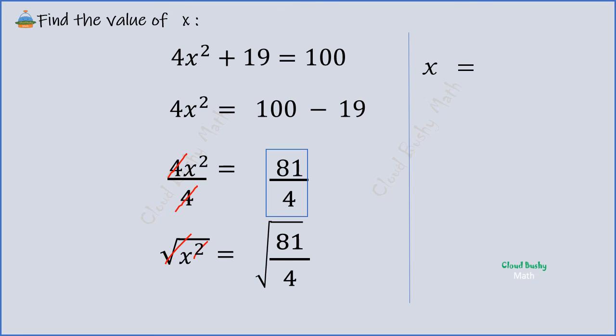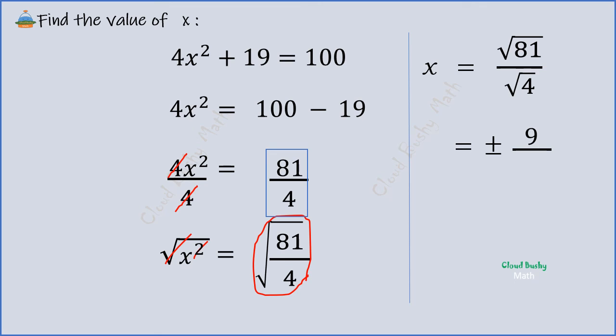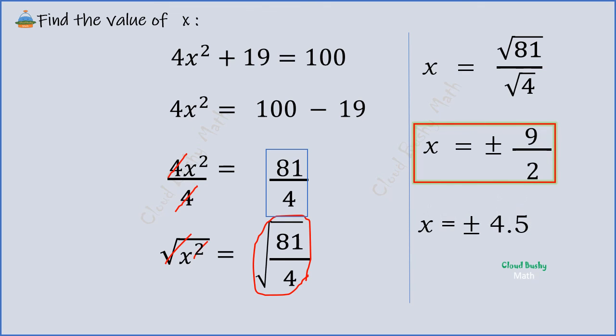On the right-hand side, we can split this into the square root of 81 divided by the square root of 4. That will give us plus or minus the square root of 81, which is 9, over the square root of 4, which is 2. Our solution is x is equal to plus or minus 9 over 2. That is plus or minus 4.5 if you like.